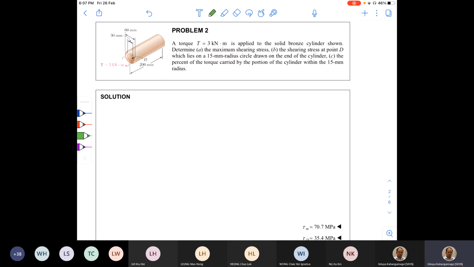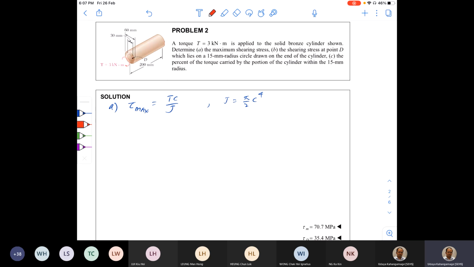So now we know it is a solid shaft, and for part A, simple. Part A, tau max is equal to Tc over J, and we know that J is equal to pi over 2 C to the power 4.